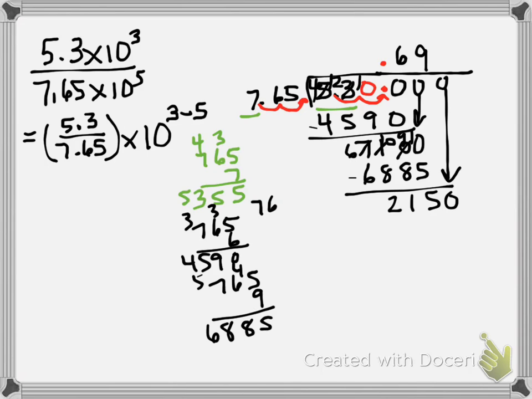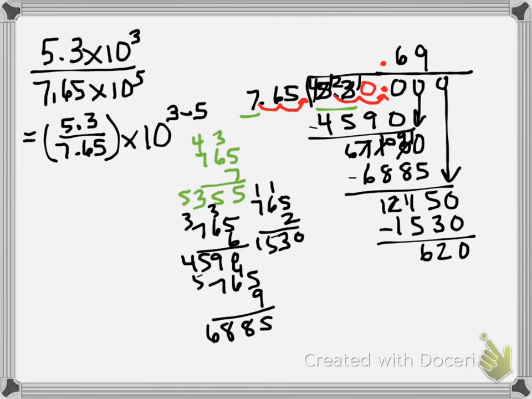So then I do that. 10, 12, 13, 14, 15. I get 1, 5, 3, 0. So I subtract. I get a 0, I get a 2, I get a 6. So that was 2 times that went in. Okay. So at this point, I'm going to stop my division. My remainder is less than what I divided by, so I'm good.